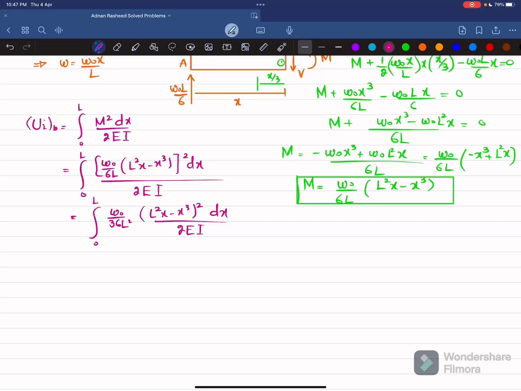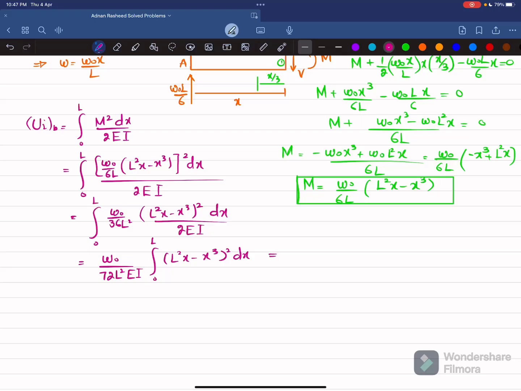When 2EI multiplies with 36L square, we take the constant outside, so it will be 72L square EI, and we are left with integral of 0 to L, L square x minus x cube whole square dx.